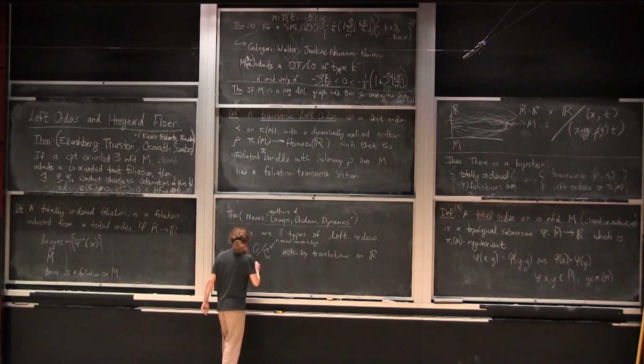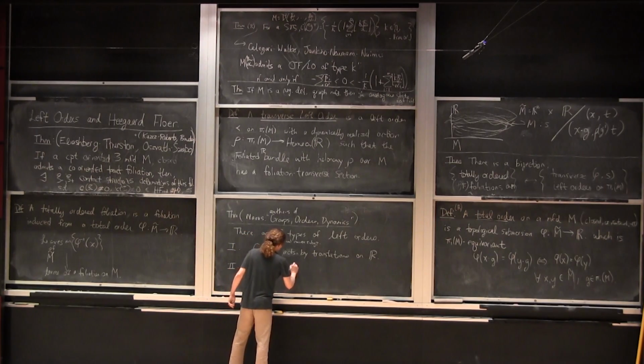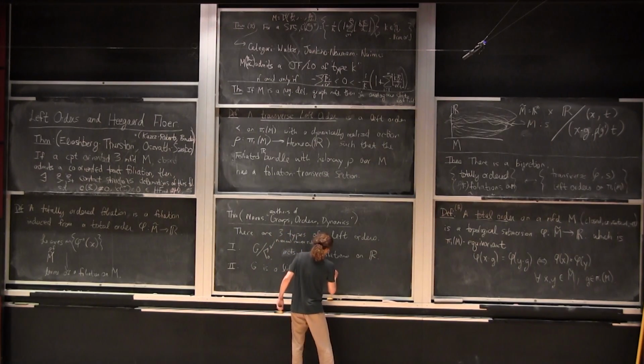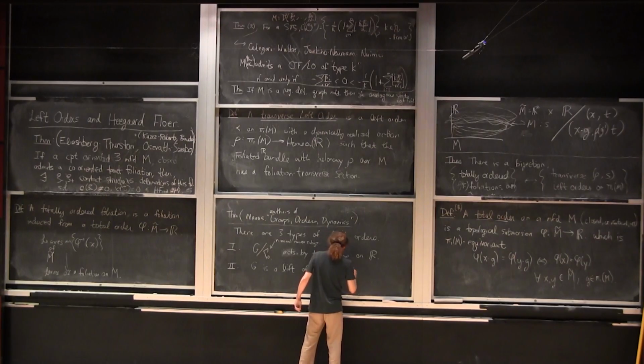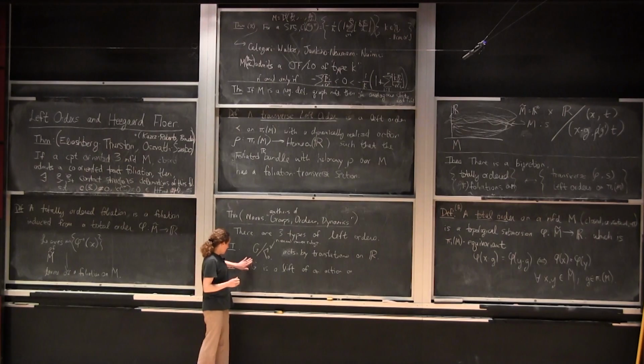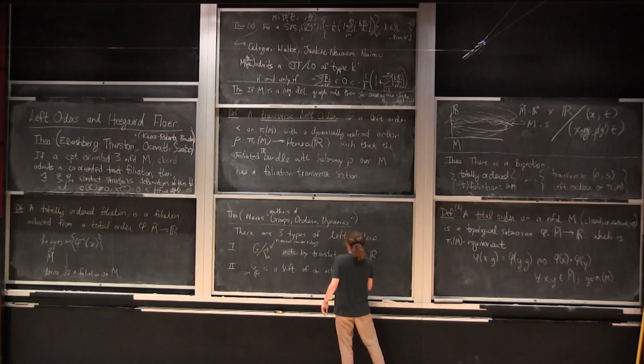So the other two are, sorry, this: the action of G on R is a lift of an action on the circle, and it's locally contracted.